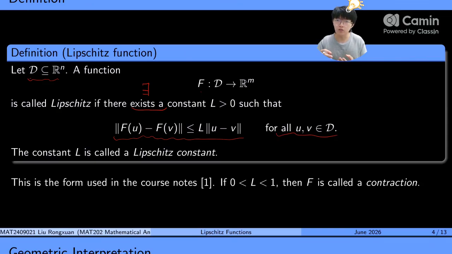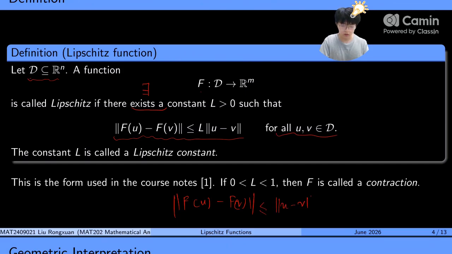The constant L is called the Lipschitz constant. If L is between 0 and 1, then we can write that the distance between f(u) and f(v) is less than or equal to the distance between u and v. This is called a contraction because it brings points closer and closer.